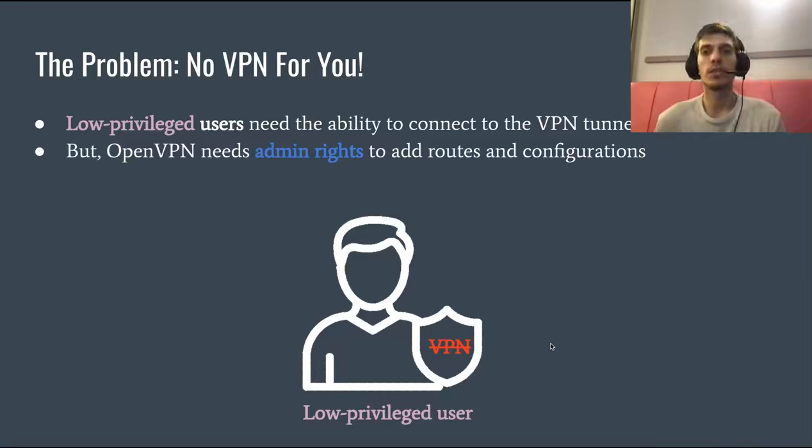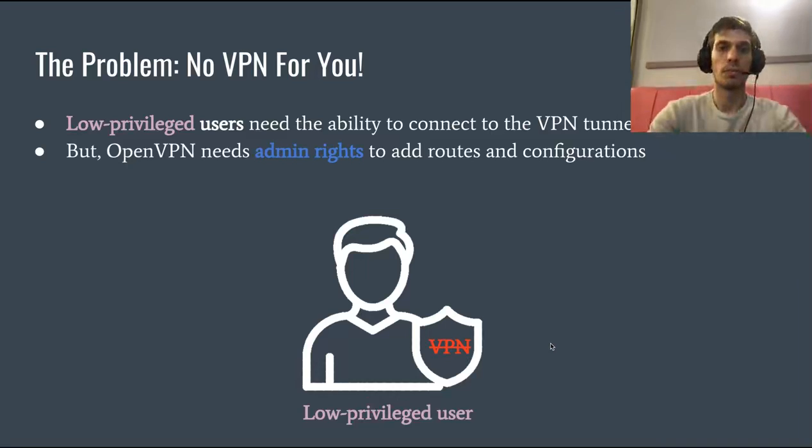For this configuration, admin rights are needed for the process, the OpenVPN instance that is running. But Rachel is activating the tunnel, so Rachel decides when she wants to connect to her office network, and she is an unprivileged user in her domain.